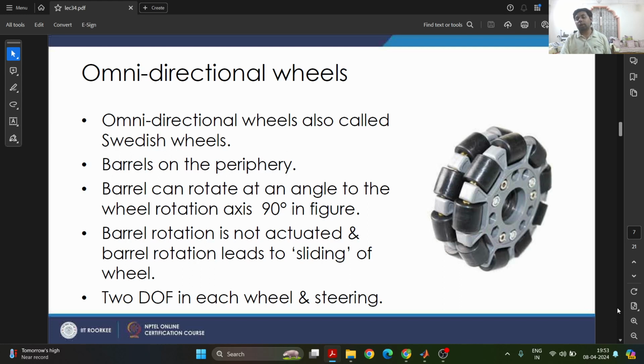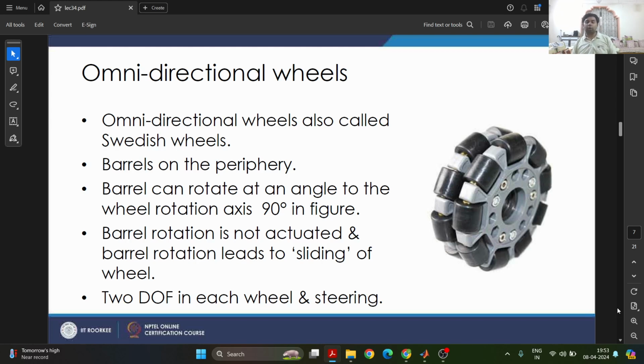Let us say we have a car which has these omnidirectional wheels, and now if we want to use these kind of wheels to park the vehicle, we can just go beside a parking slot and then just slide sideways. So the wheel rotation axis and the sliding motion axis can be 90 degrees.